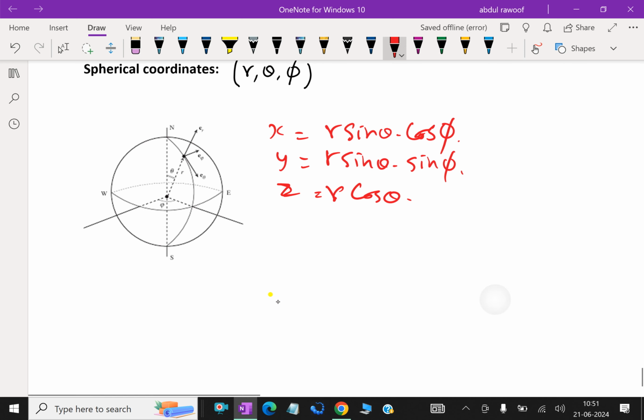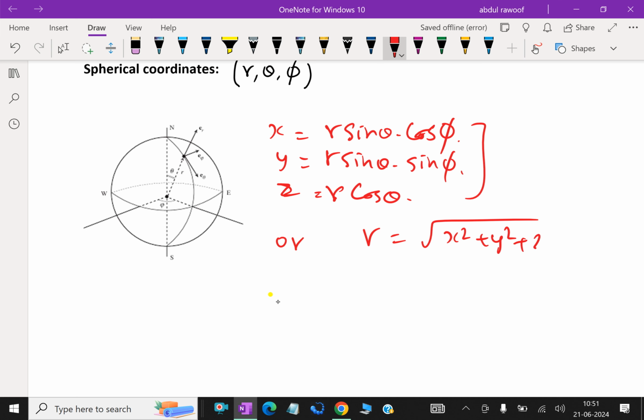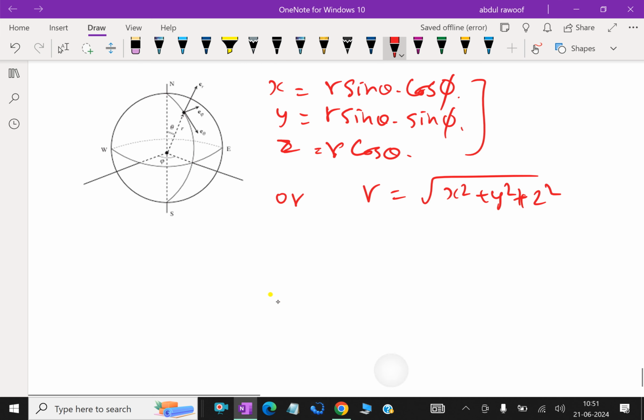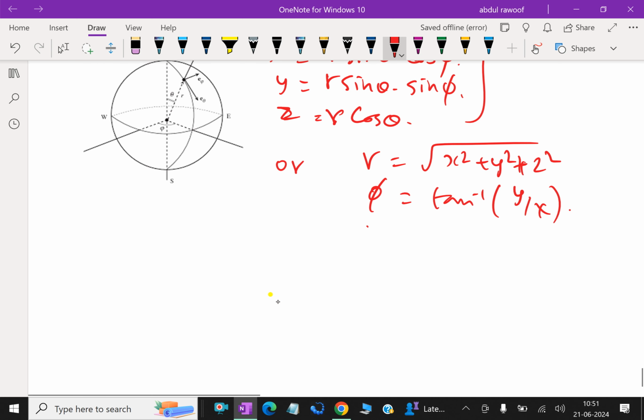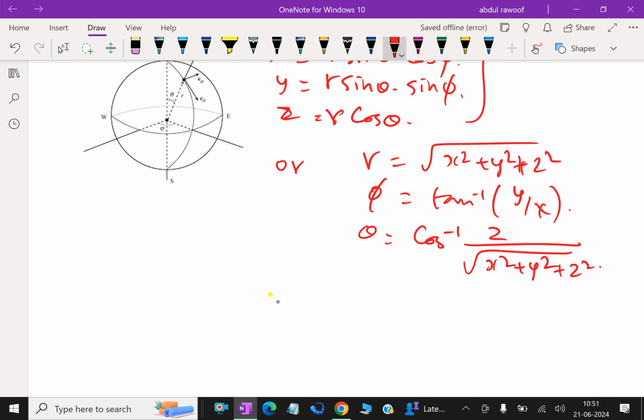Then this is transformed to spherical coordinates, where r equals square root of x squared plus y squared plus z squared, the angle phi equals tan inverse y over x, and theta equals cos inverse z over square root of x squared plus y squared plus z squared.